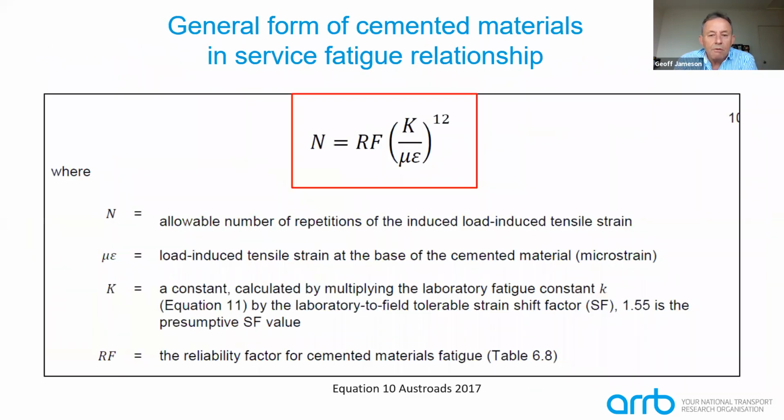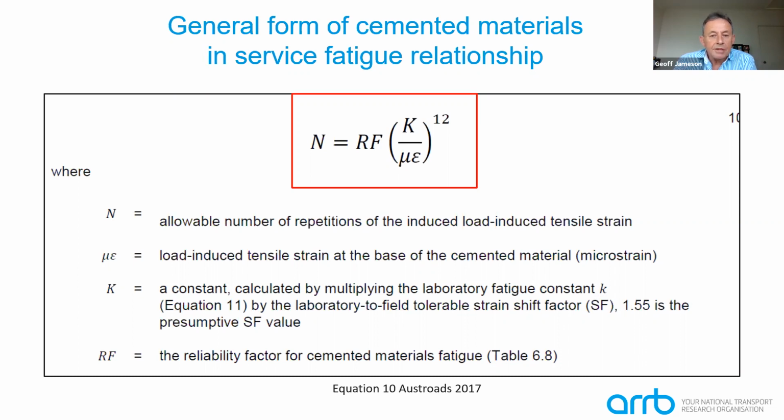So this is the general form of the fatigue relationship we use, where the allowable loading in terms of fatigue, or the fatigue life, is inversely proportional to the strain to the 12th power. So it's highly sensitive to the strain level, much more so than asphalt, as we'll see.